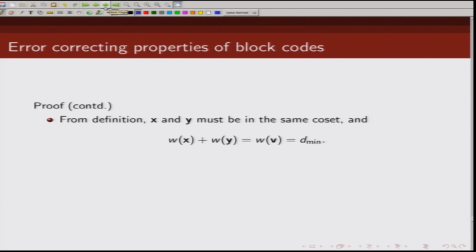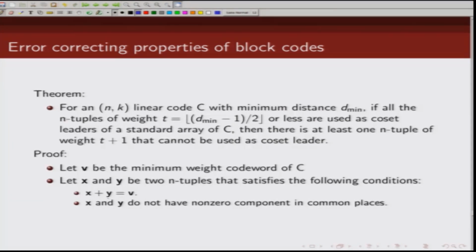So, from the definition, x and y must be in the same coset. Why? Because we know if two elements are in the same coset and we add them, the sum is a valid code word. So, if x plus y is equal to V, which is a valid code word, then x and y must be in the same coset.